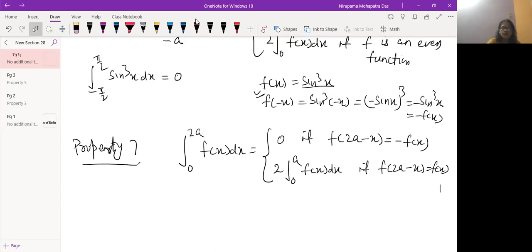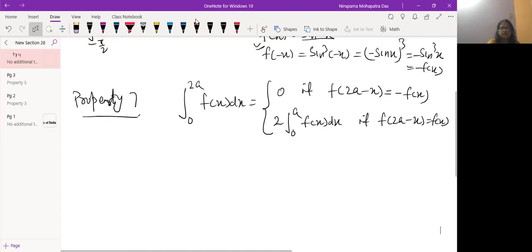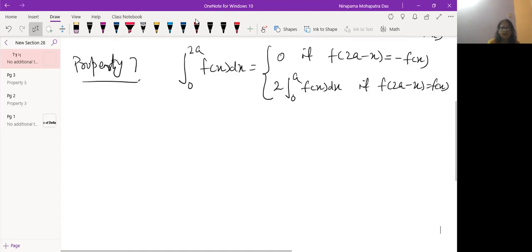So where can we use it? For example, you take 0 to pi by... let me take this question.